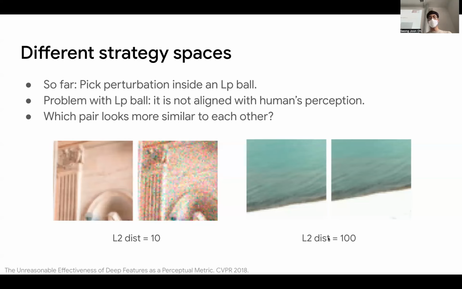These are not the real values, I just made up some values. But this is the real problem, and these authors at CVPR 18 came up with a perceptual metric that's beyond the LP ball or any other measure.